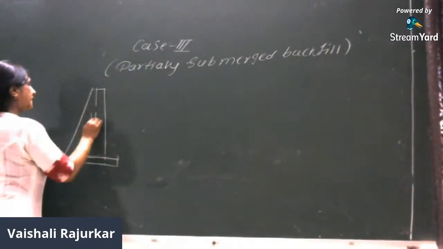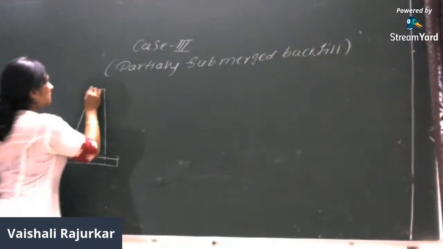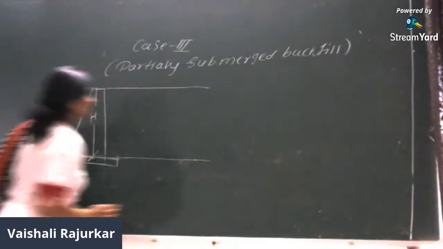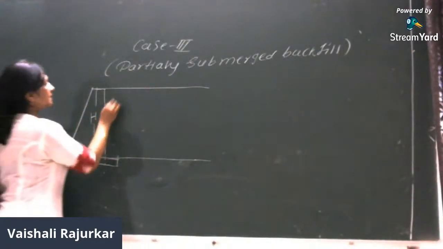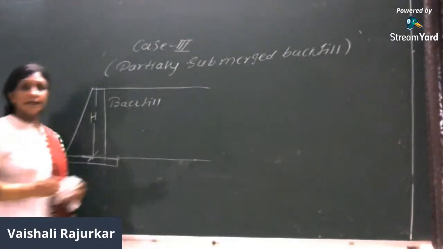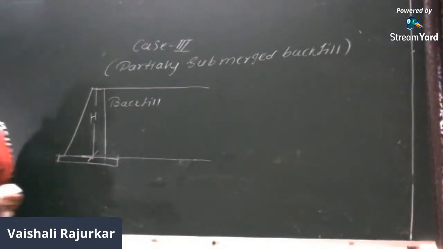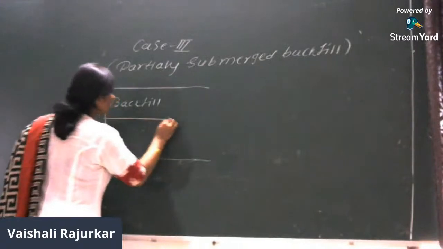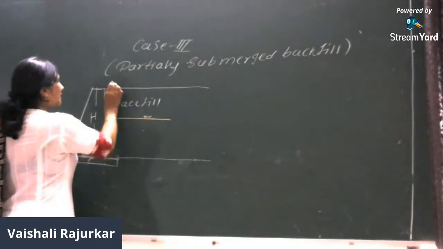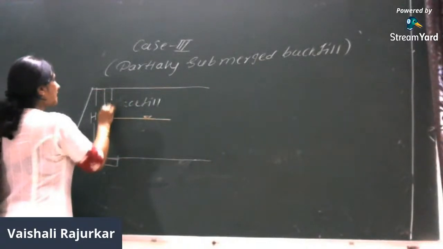H is the height of the retaining wall. So in this case, this is backfield, and here the backfield is partially submerged, means somewhere here the water table is high. In this case, we will assume it as a two-layered backfield.